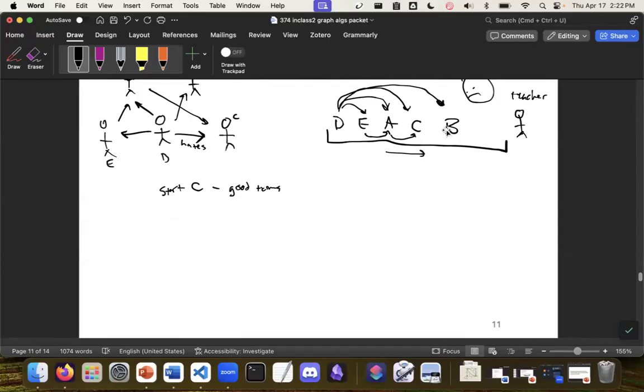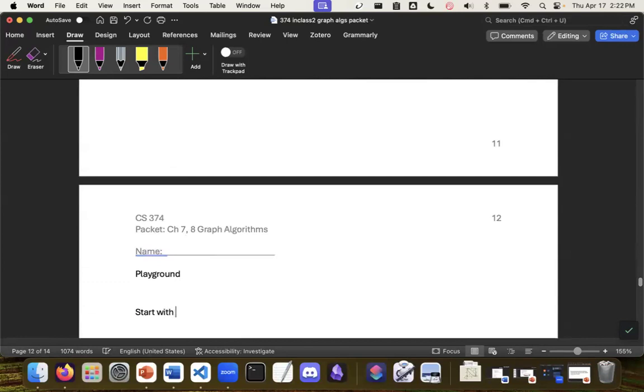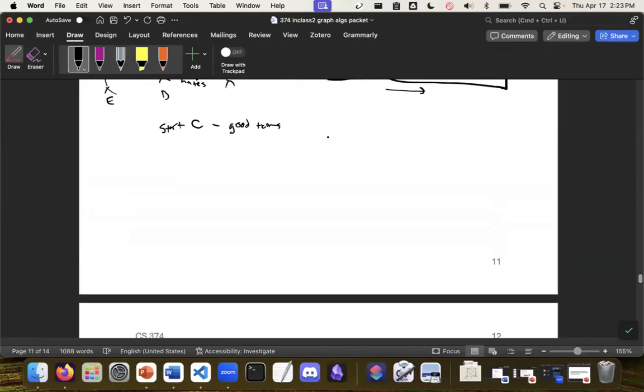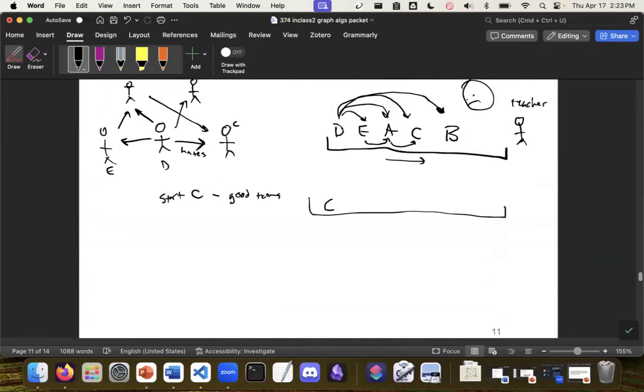We only want edges going backwards. So we start with kids that hate no one. Maybe put them in the back. So we put C in the back. And then what do we do?